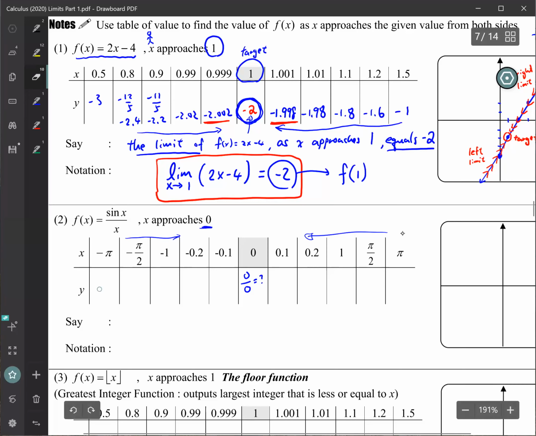So for example, this one is a 0. Okay, I can fill in this one first.